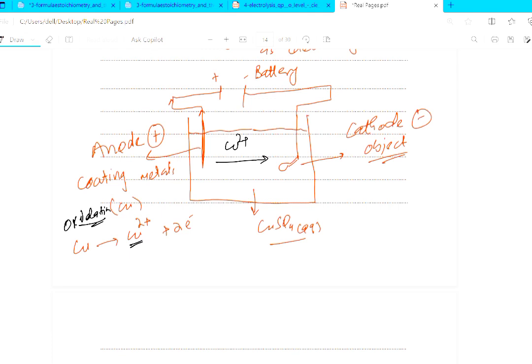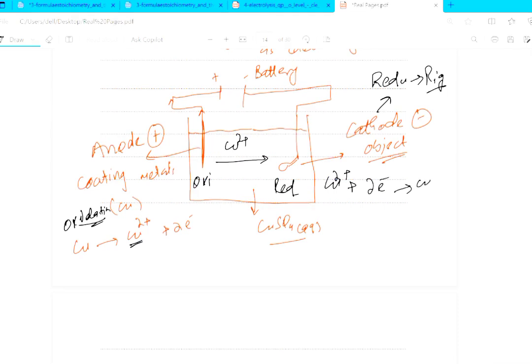Here is the oxidation and here is the reduction. This copper Cu plus 2 will gain electrons. On the cathode reduction takes place, and reduction is the gain of electrons. Two electrons will be gained by the copper and it will become copper solid. This copper solid will be deposited on this, and a thin layer of copper solid will be formed.